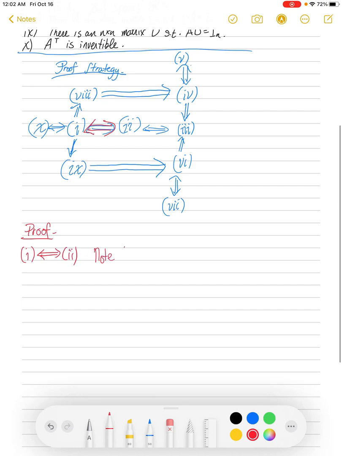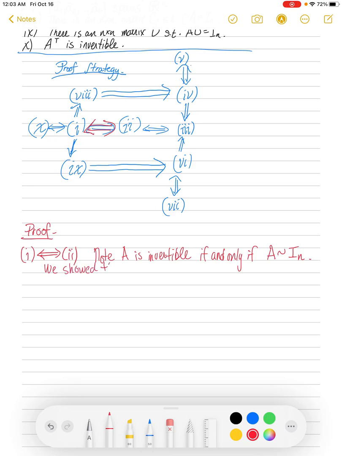So we're just going to note: A is invertible, that's 1, if and only if 2, A is row equivalent, or A can be row reduced, to the identity matrix. I'm just going to state that. That's a fact that we've proven before.